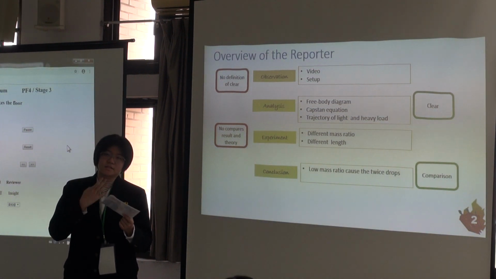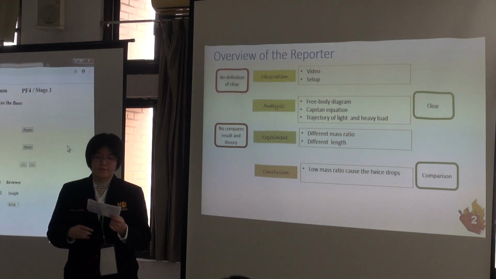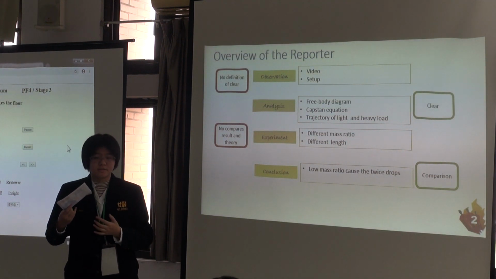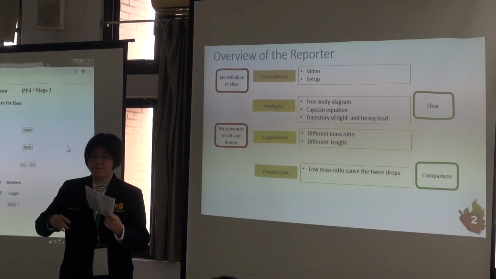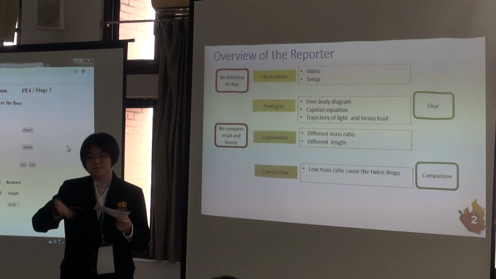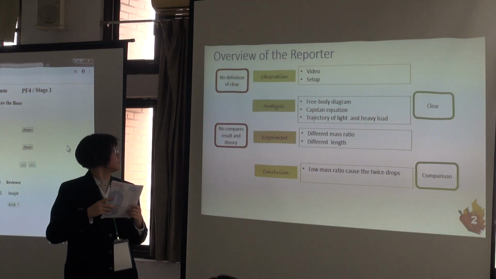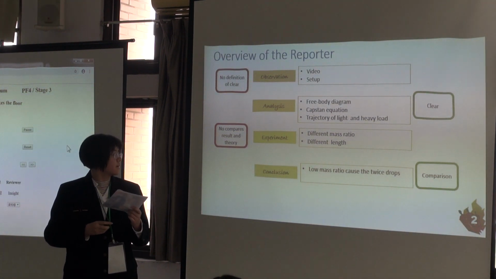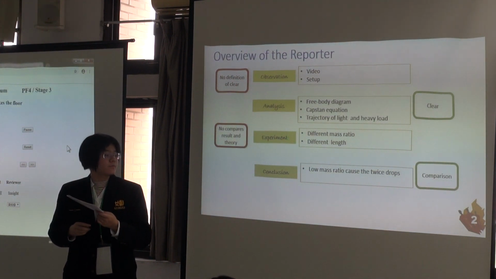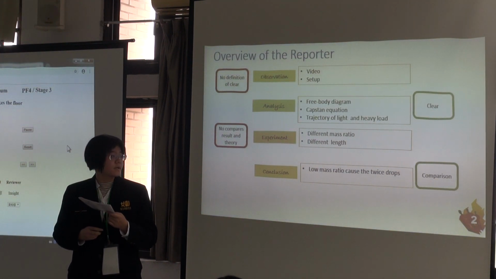By doing so, I will have a clear understanding of whether their friction force is decreasing or increasing. And in their conclusion, a low mass ratio will cause the trajectory to drop.